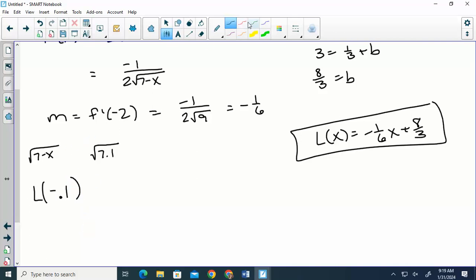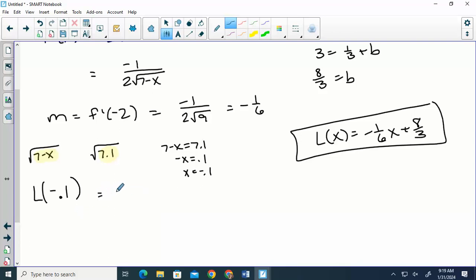Okay, because this had the 7 minus x under the radical. So if you say 7 minus x equals 7.1, it wasn't just an x under the radical. That's why we're not just plugging in a 7.1 to this equation.